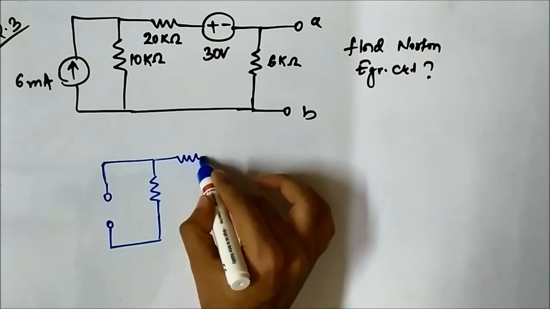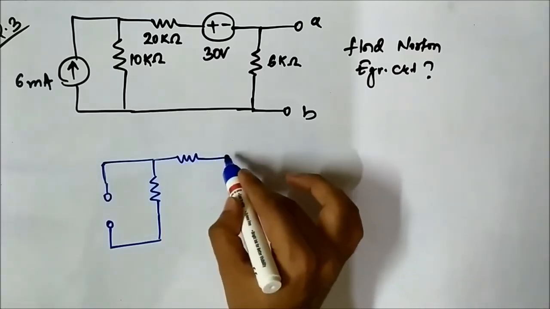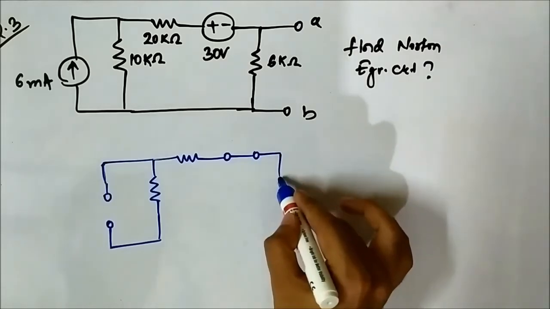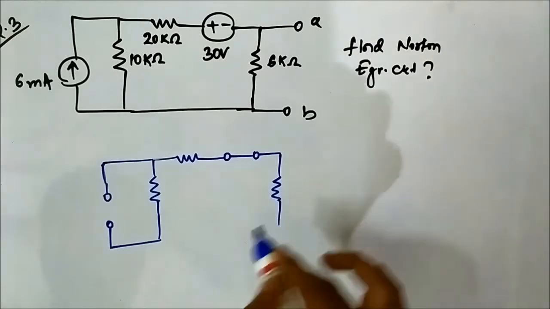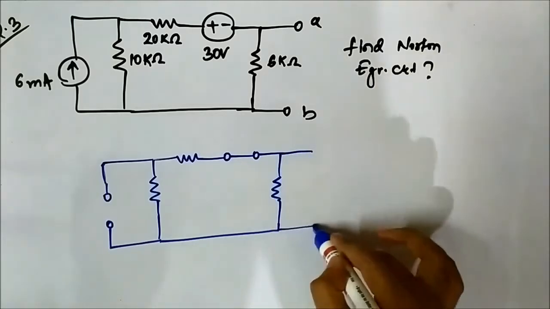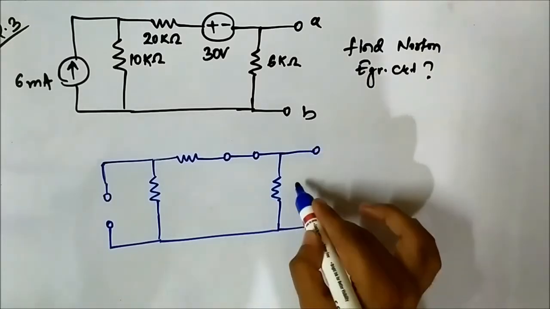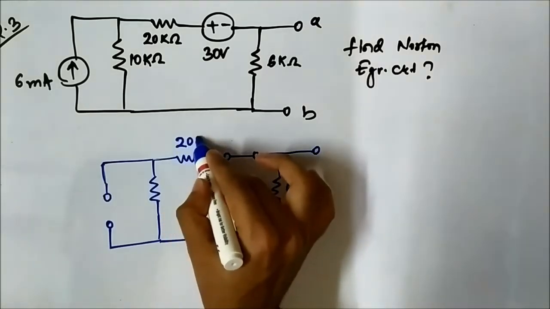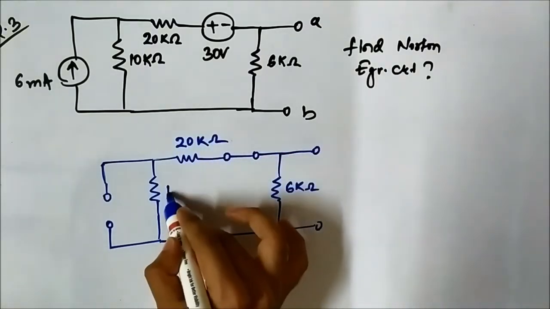Then this voltage source, 30 volt voltage source, will be short circuited. Okay, 6 kilo ohm, 20 kilo ohm, 10 kilo ohm.